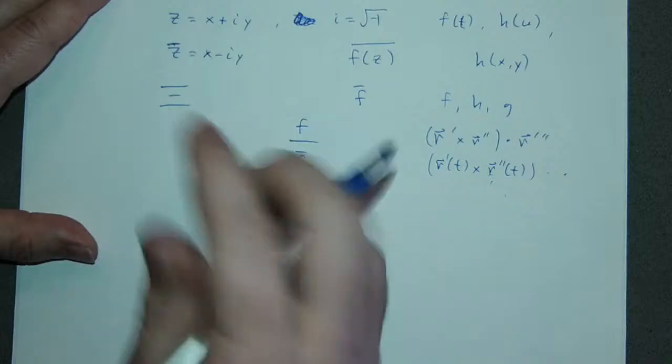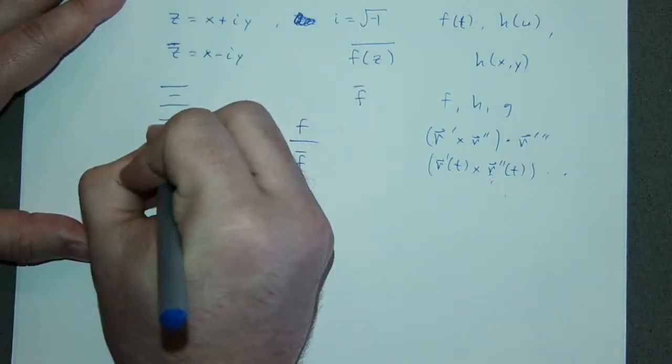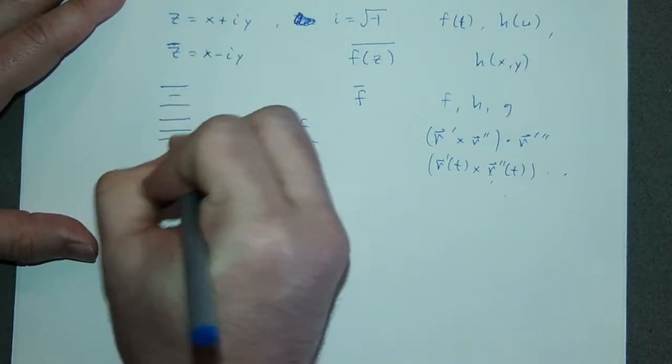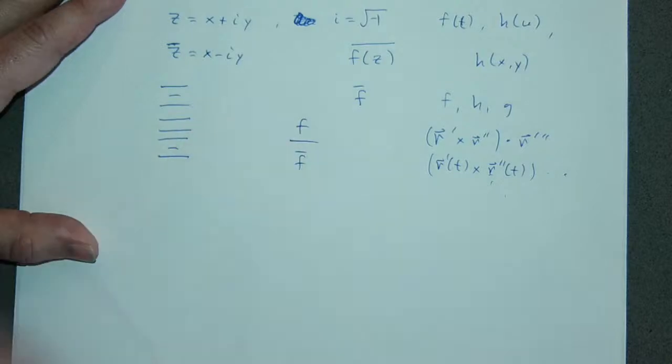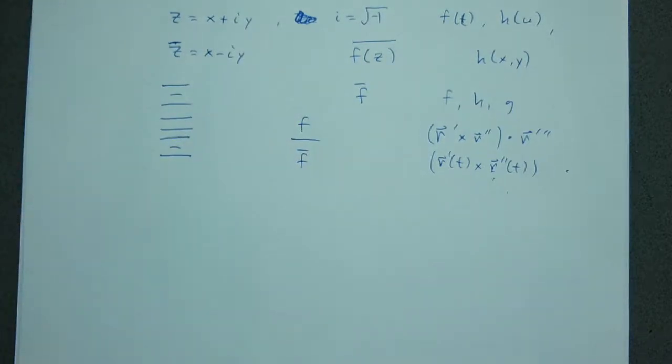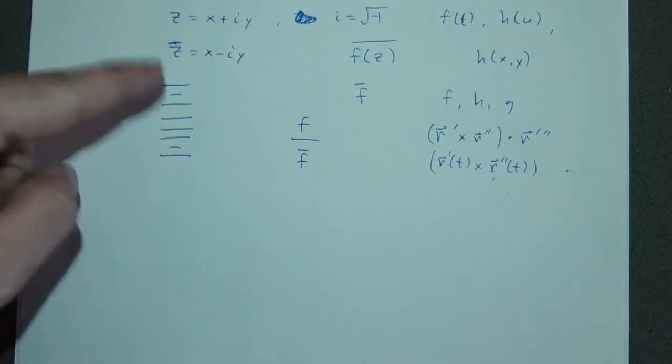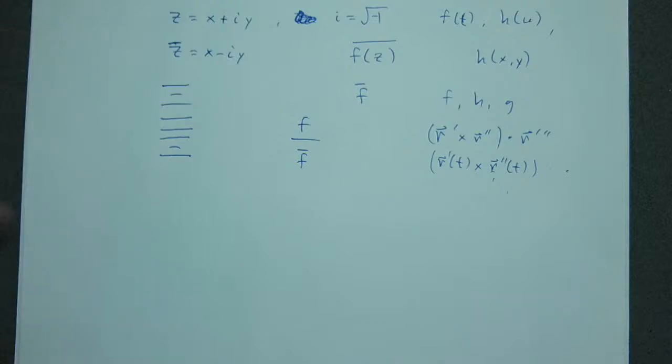Here's Ksi divided by Ksi bar. There it is. This is my expression for my function.